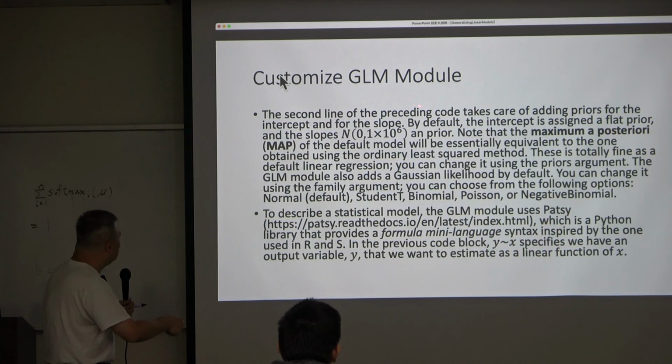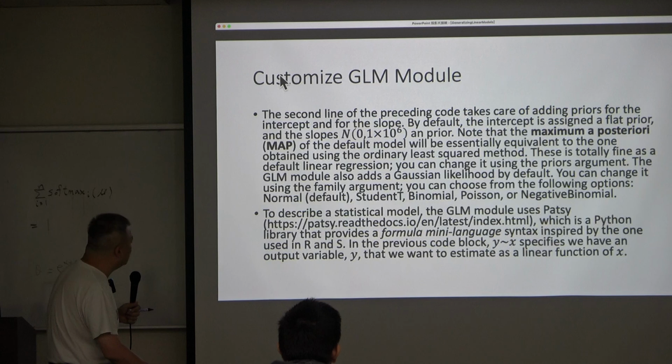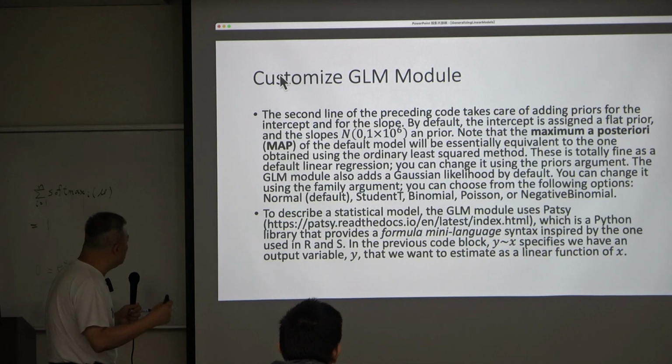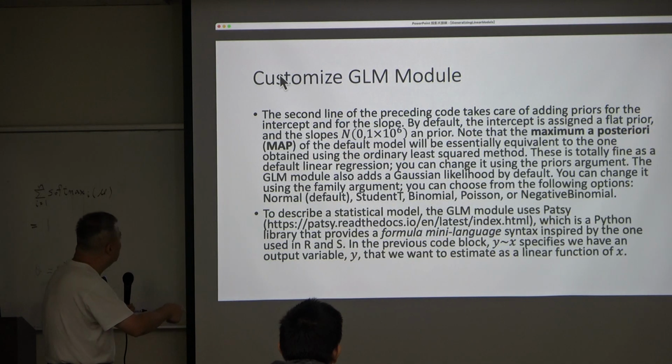By default, the intercept is assigned a flat prior and the slope is going to be N, with N being normal, I mean Gaussian, with mean 0 and standard deviation of 1 times 10 to the power 6. So it's a very big standard deviation, indicating a very flat prior.